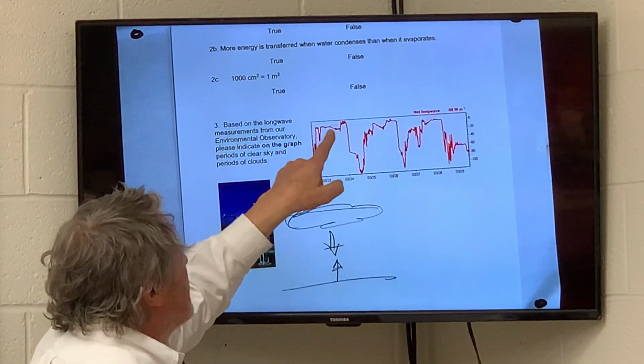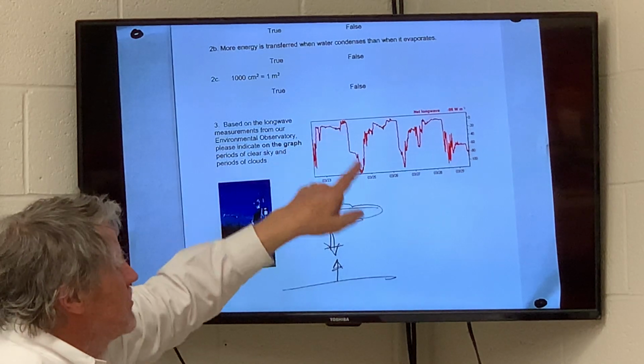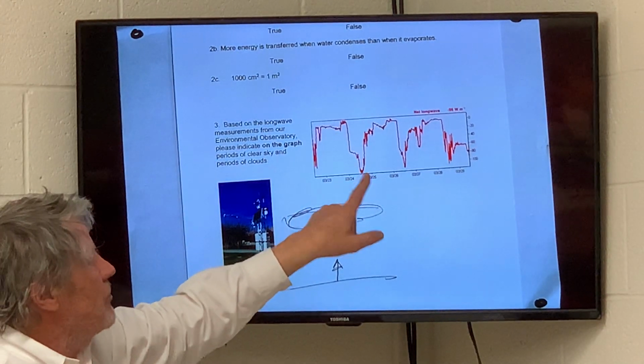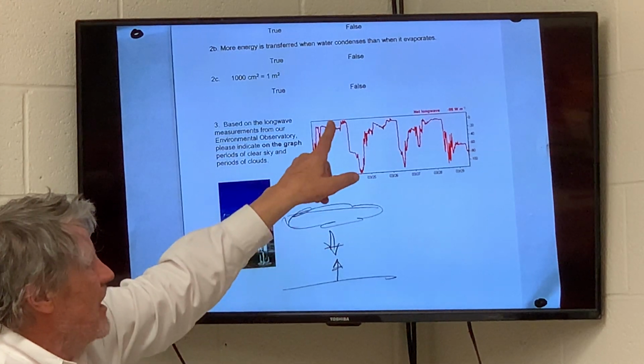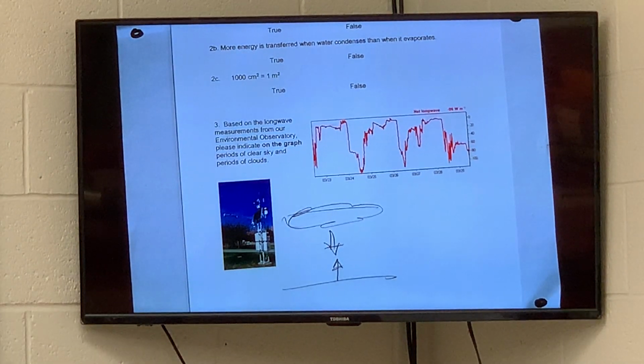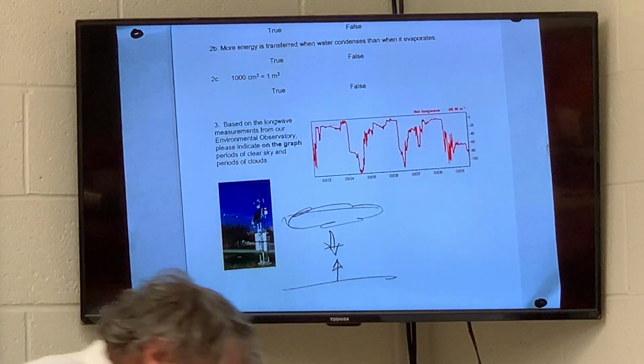So these numbers up here are cloudy periods, and then when the sky is very clear, it's a really negative number. So negative numbers are clear sky, numbers close to 0 are cloudy sky. I think that says indicate where there's clouds. All right.